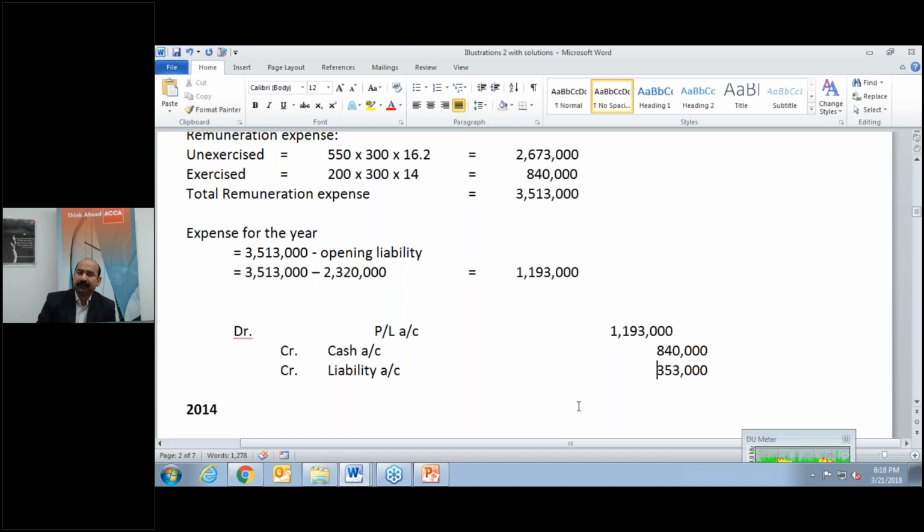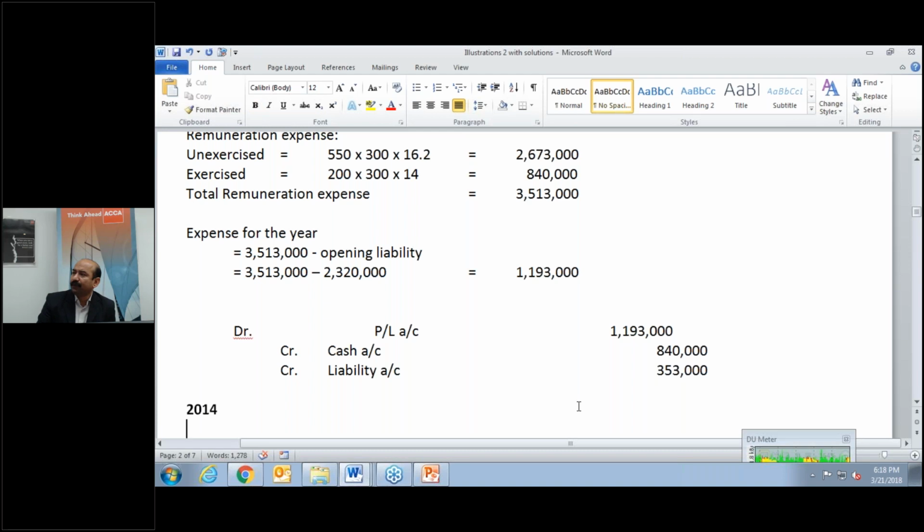So this is the journal entry, and this is the way you will be calculating when the cash settled share-based payments are being exercised, and there are unexercised portions as well. So liability will continue for the unexercised portion.